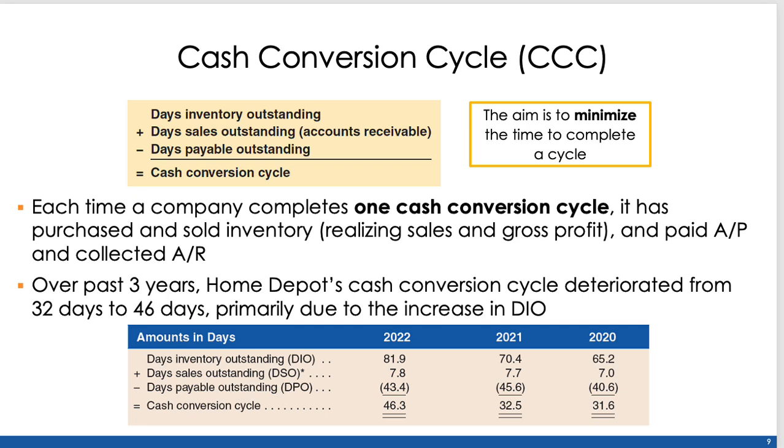The cash conversion cycle is deteriorating, not improving. And if we look for a source, we can see what's going on. Generally, over time, the days inventory outstanding number, the one at the top, has been increasing to a degree that is really beginning to affect the cash conversion cycle.